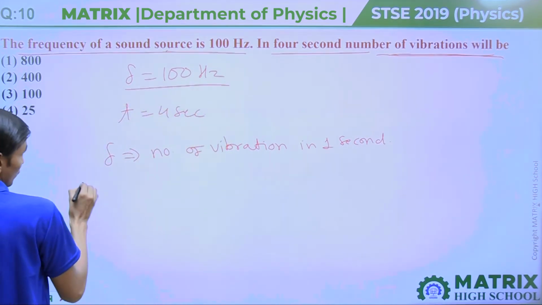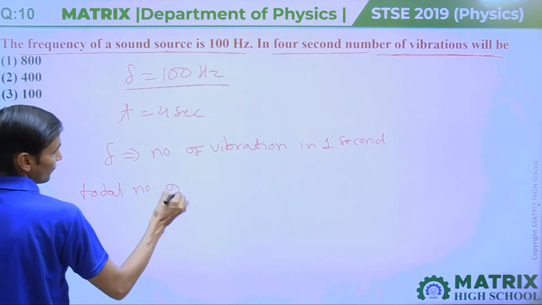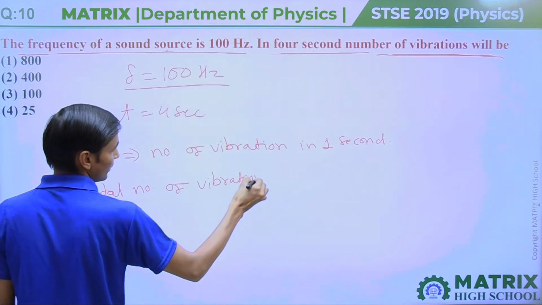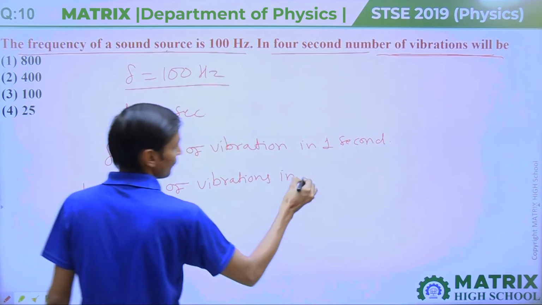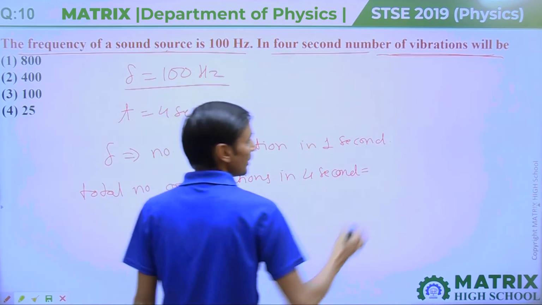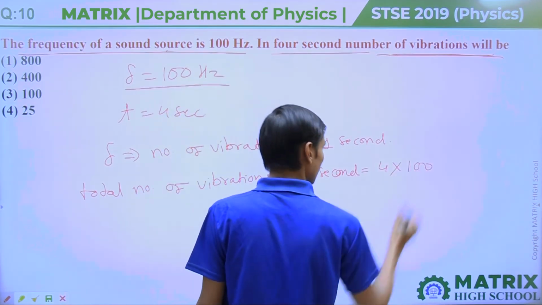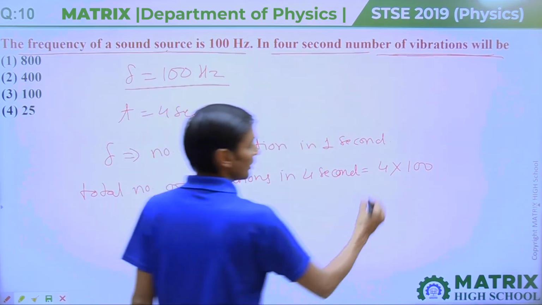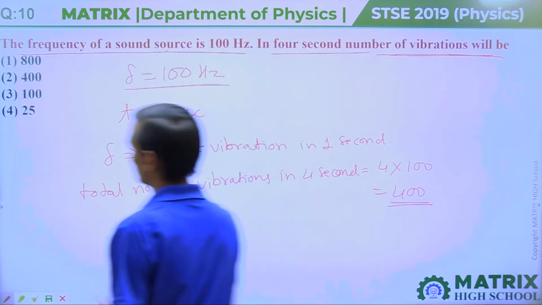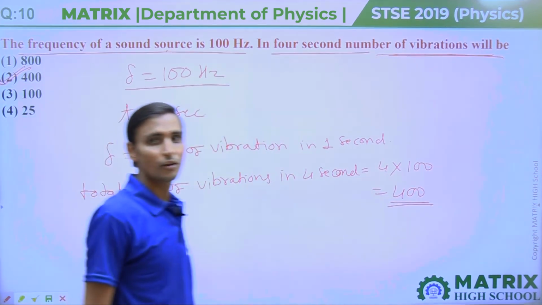So the total number of vibrations in 4 seconds will be time 4 seconds multiplied by the number of vibrations in 1 second, that will come 400 vibrations. So the second option is your correct answer.